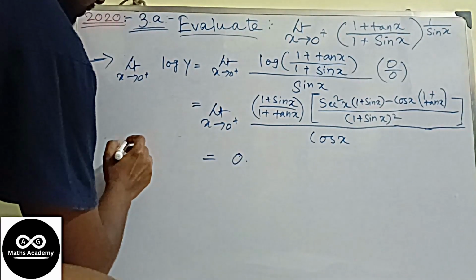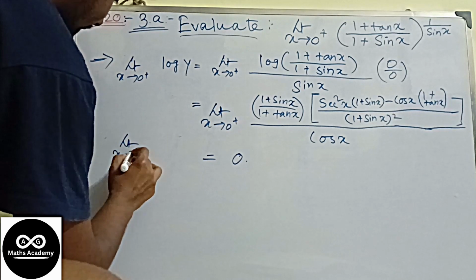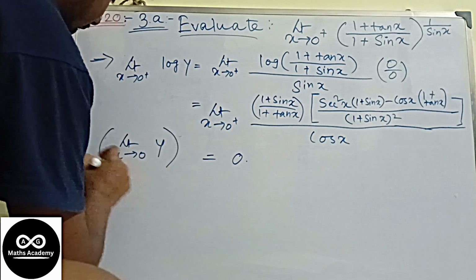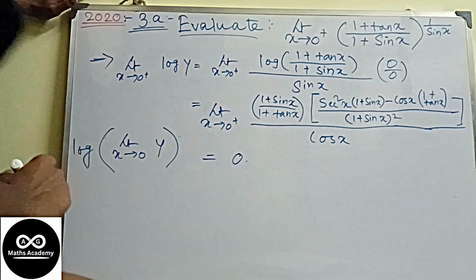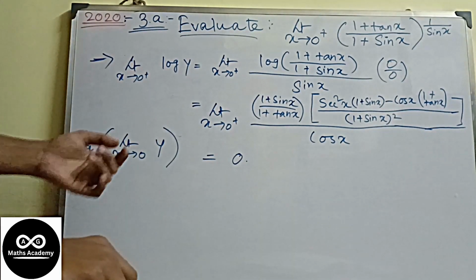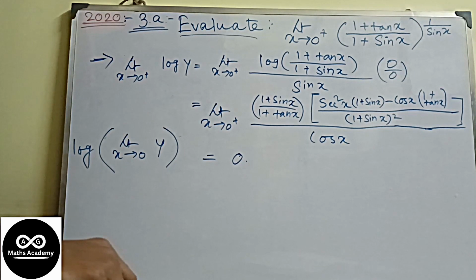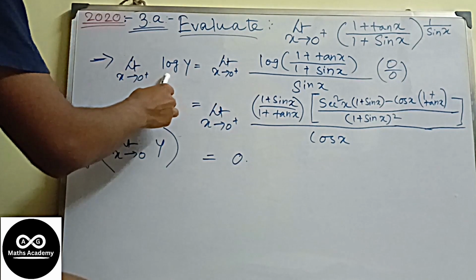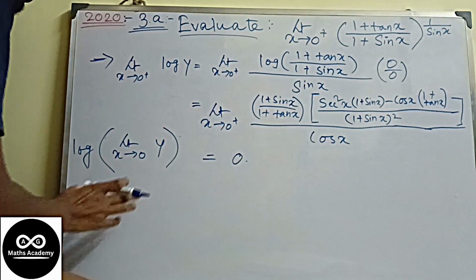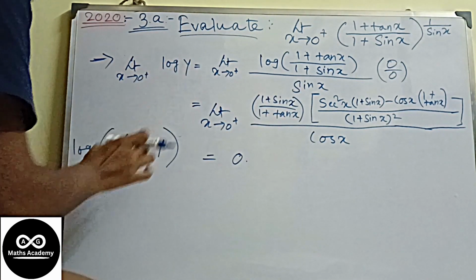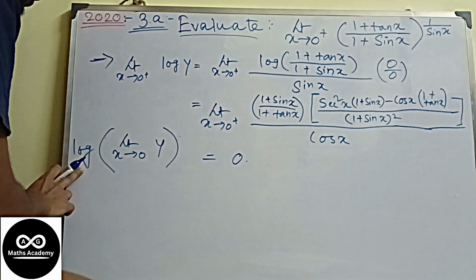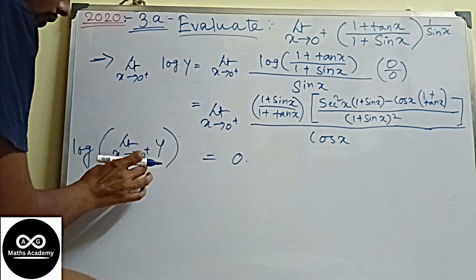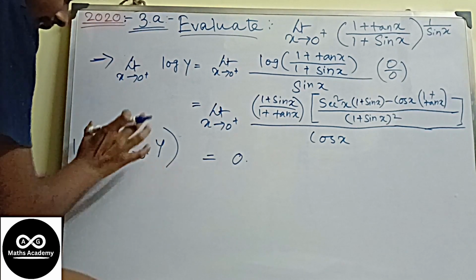Now what we get is the limit of log y. We take log outside of this limit, and it becomes limit x tends to 0 of log y outside.